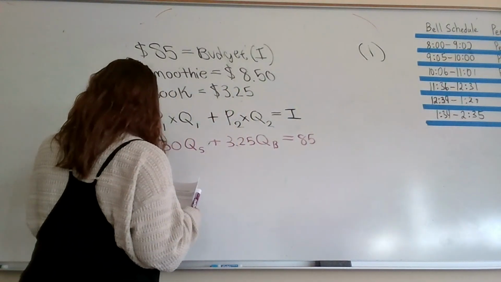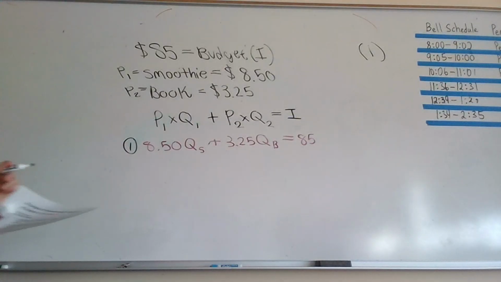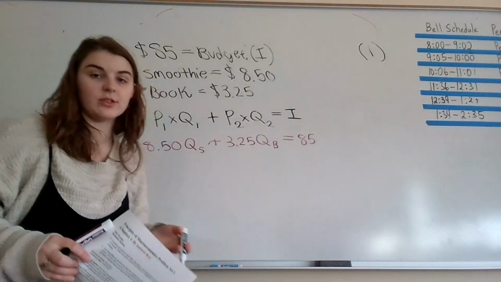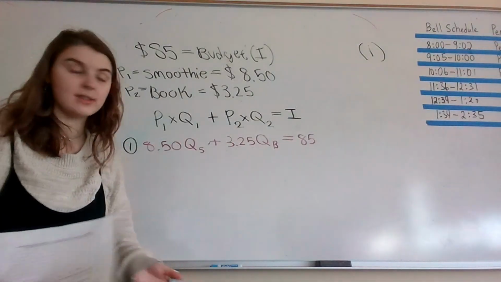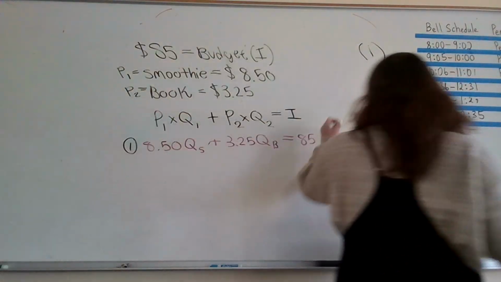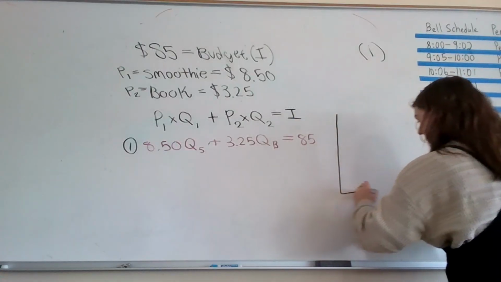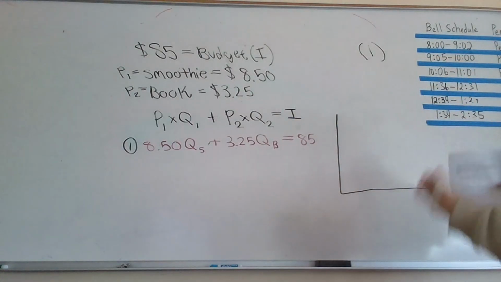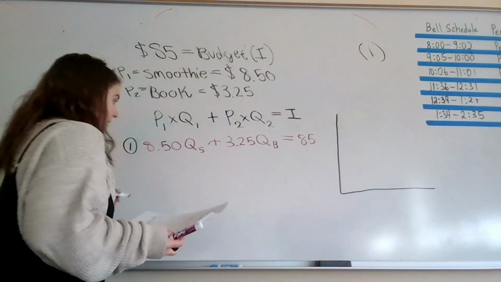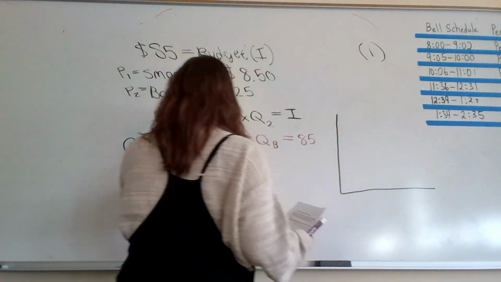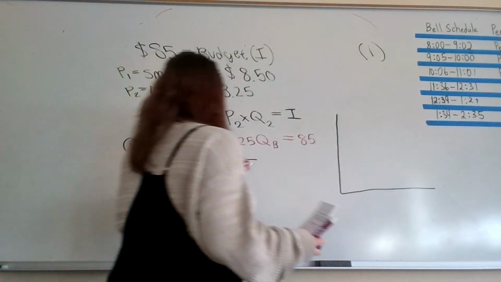The second thing it asks us to do is create a table of values. A table of values is like our points that we can use to plot this. When we plot this, we'll plot it on our graph. We'll have our 2 axes, and we'll talk a little bit more about that. A table of values is going to look a little bit like this.